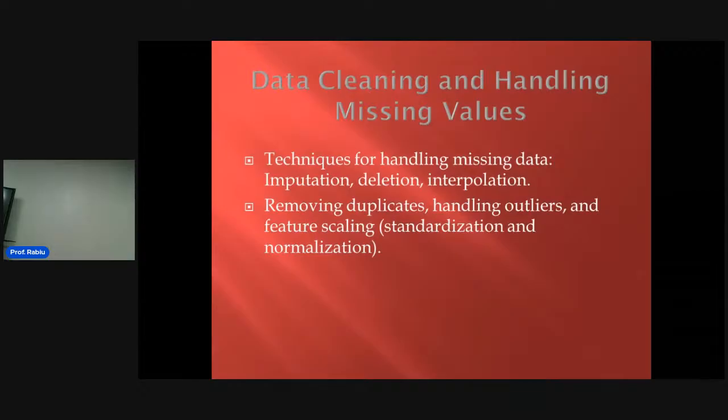Removing the duplicates. When there is a duplicate in the data, removing it is quite important.